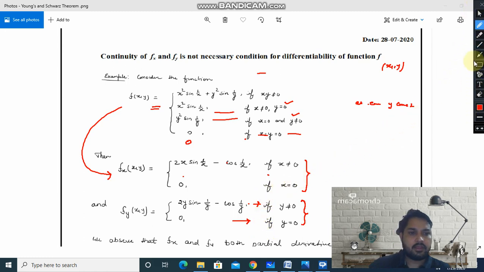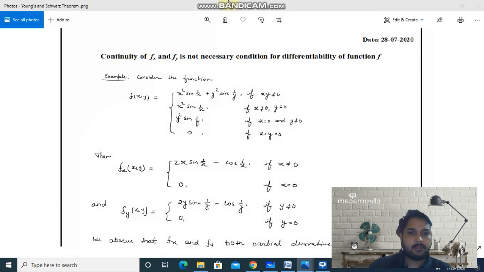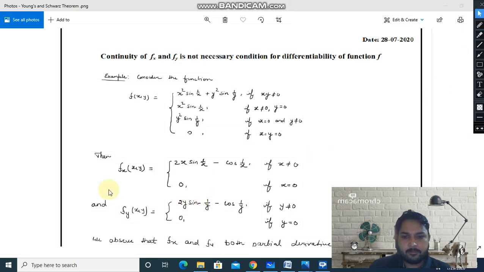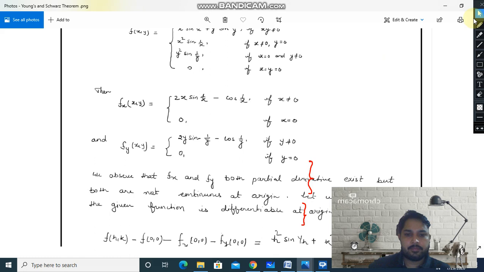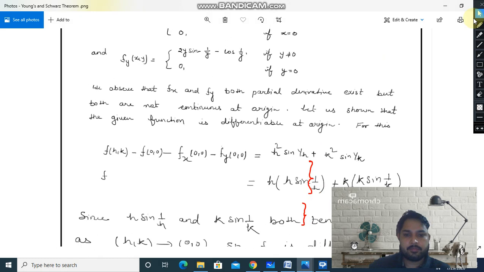So here we can observe that fx and fy, these two functions both exist, but both the functions are not continuous at the origin.